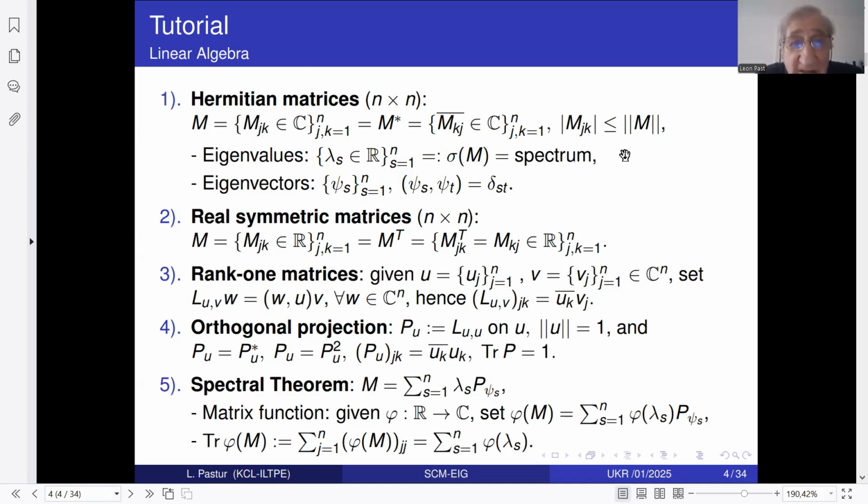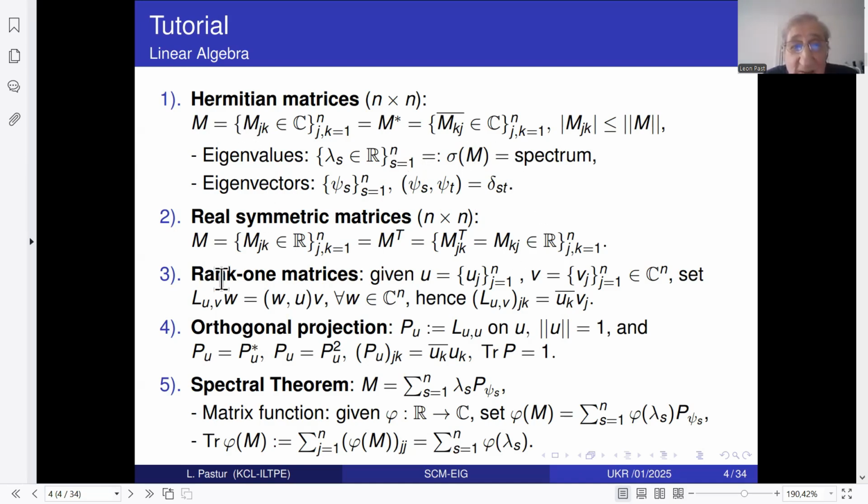The eigenvalues of these matrices will be real, and their collection is called a spectrum, with the notation like that. Eigenvectors are supposed to be orthonormal. This is Hermitian, but I will deal mostly with real symmetric matrices, which are just the real version of Hermitian ones.